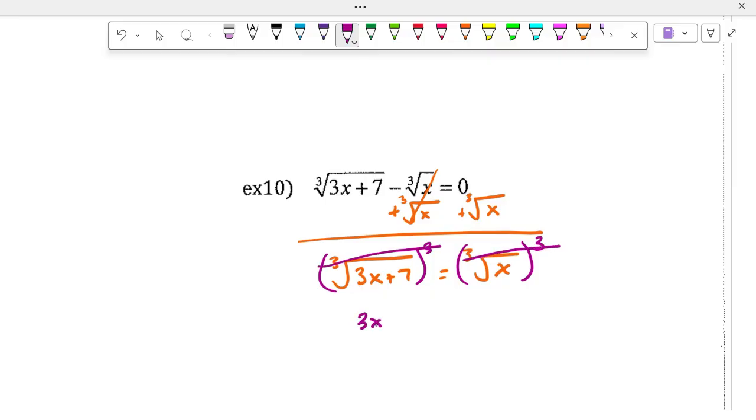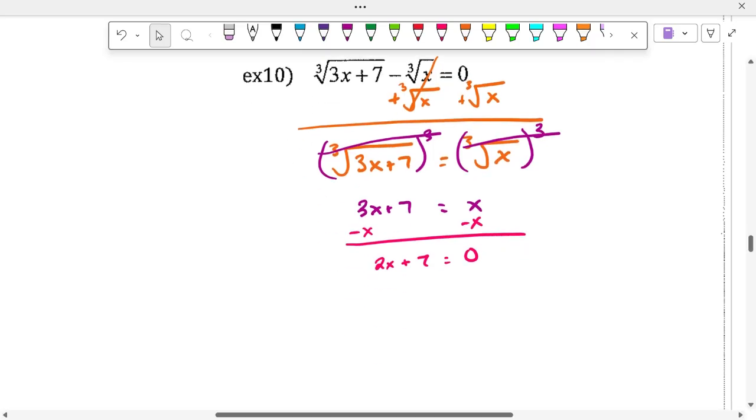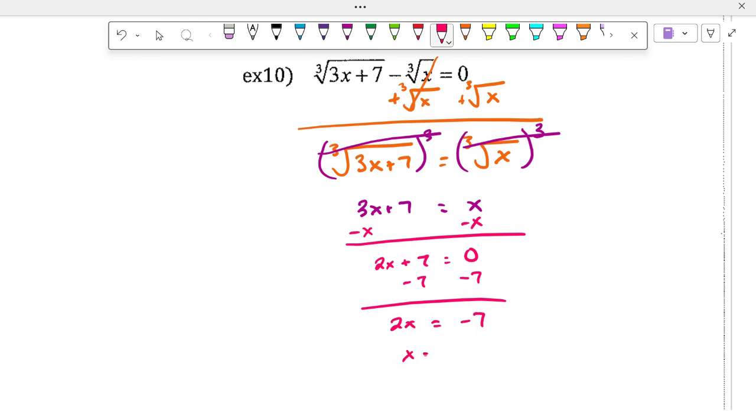I get 3x plus 7 is equal to x. I can subtract the x over. I get 2x plus 7 is equal to 0. Minus 7 to the other side. 2x is equal to negative 7. So x is equal to negative 7/2.